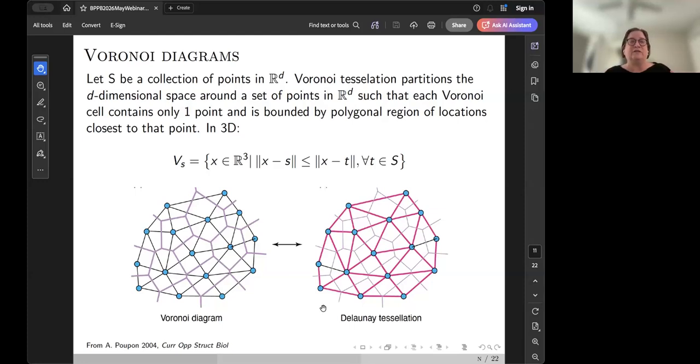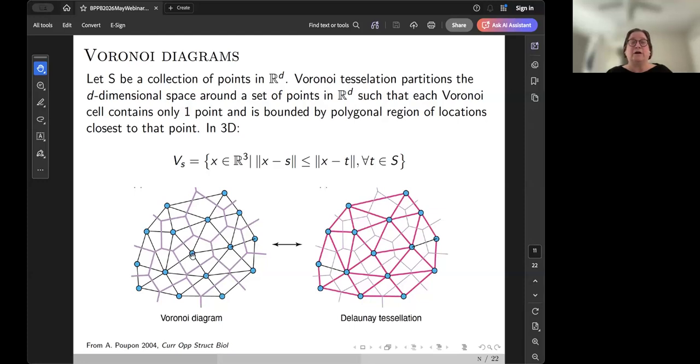If that was a bit too much of a mouthful, I have a formula here that illustrates it: if I pick a point right here and call that S, then all of the points in its Voronoi cell are closer to it than to any other point in the space.